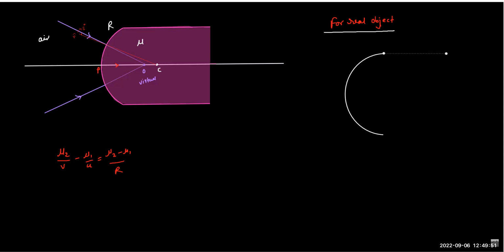The u will be negative for sure. That is the only difference. So for a virtual object, we always take u as positive.